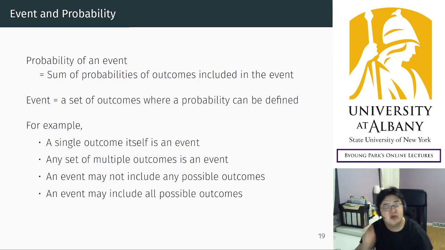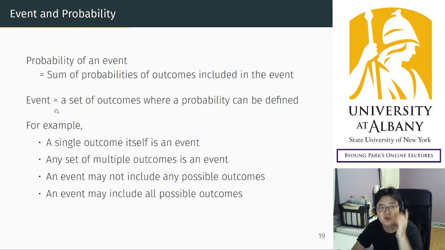If you learned set theory, sample space, event, and outcome match the universe, subset, and elements. That's how you can understand the difference between them.